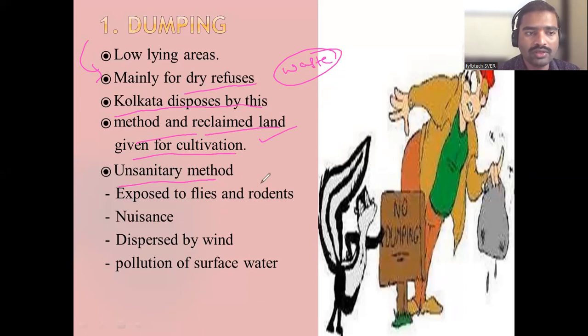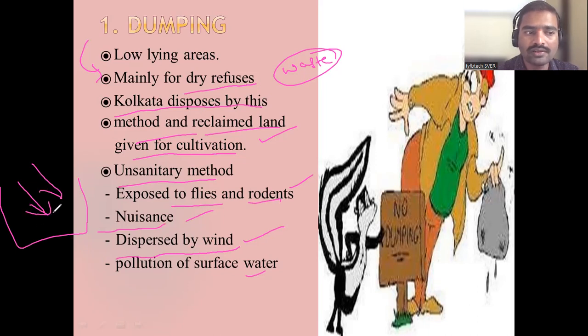Unsanitary method. It is exposed to flies and rodent nuisance, dispersed by the wind, causing pollution and surface pollution. So this is not recommended. The dumping method is not recommended because it will cause flies and rodents. It is open land, and you are dumping your waste.